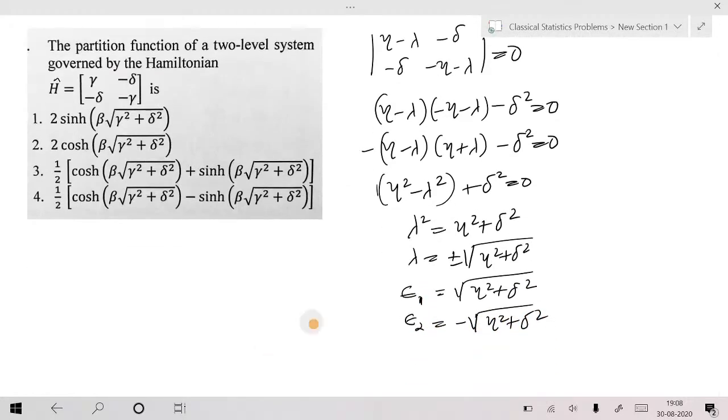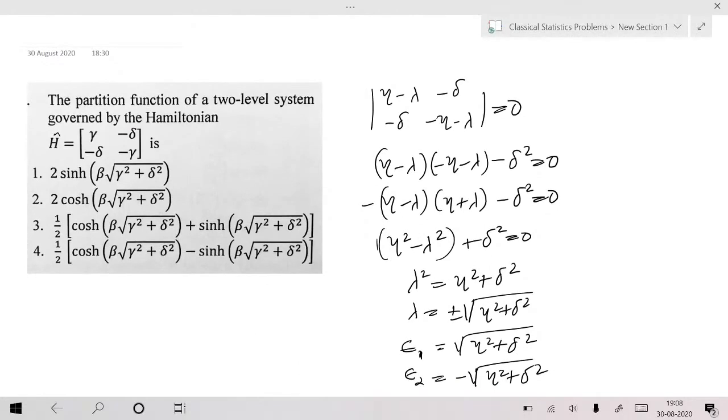Using these two, you can find the partition function. Now this is purely a way of thinking question. He gave the partition function. Obviously, in the partition function he might have used energy. How to get the energy? He has given the Hamiltonian. Energies are eigenvalues. So that's it.